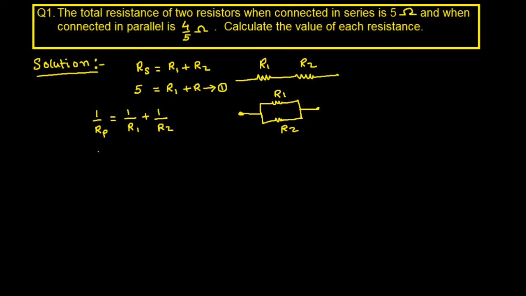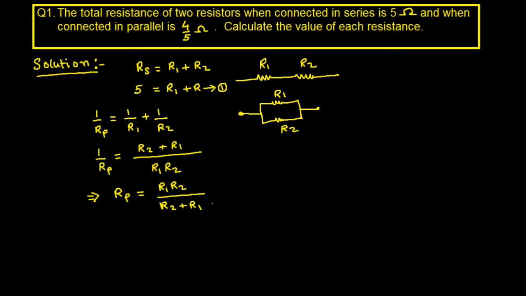So from here we can write 1 by Rp equal, here the LCM is R1 multiply R2, and from here we can write R2 plus R1, and this implies that Rp is equal to R1 R2 divided by R2 plus R1.